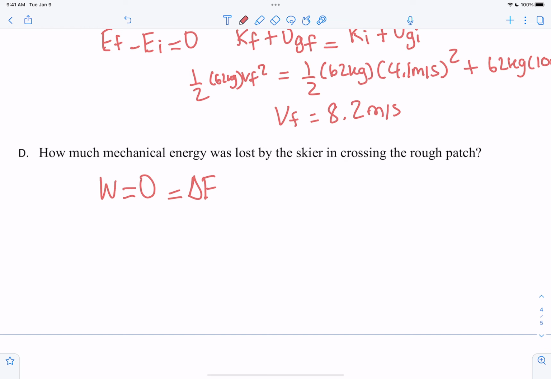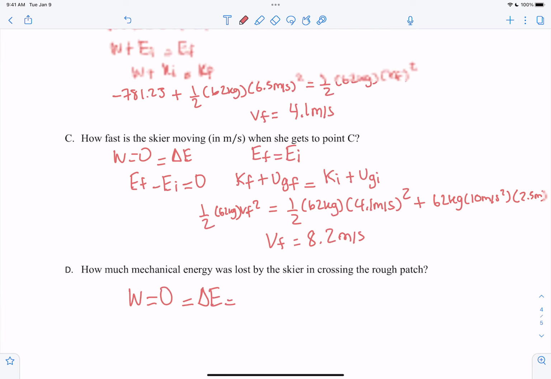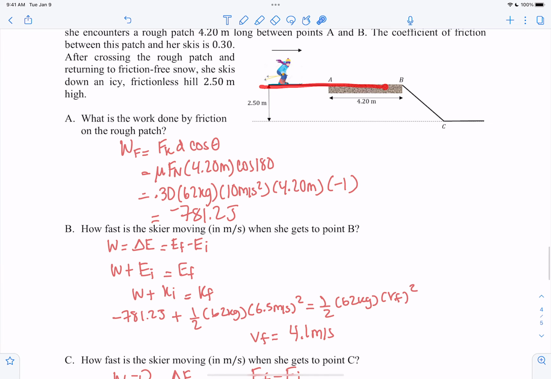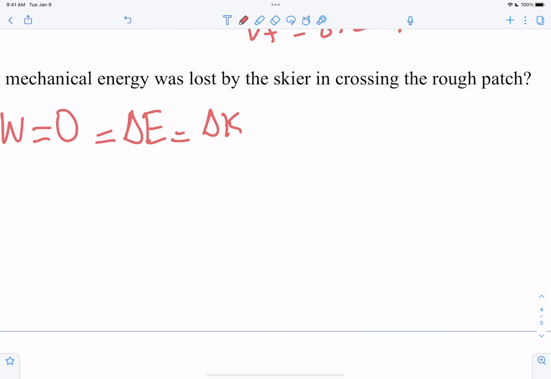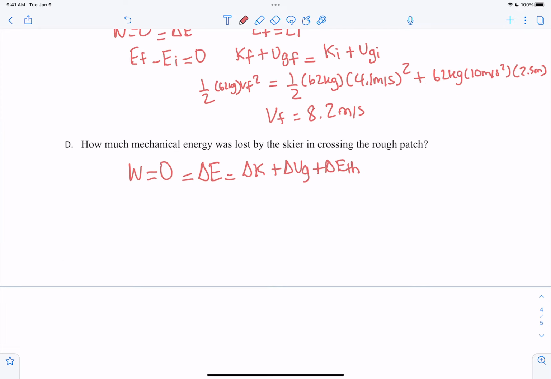Energy was conserved, therefore, but that initial energy there at the top, well, that's made up of delta K plus delta U plus that thermal energy from the rough patch, right?